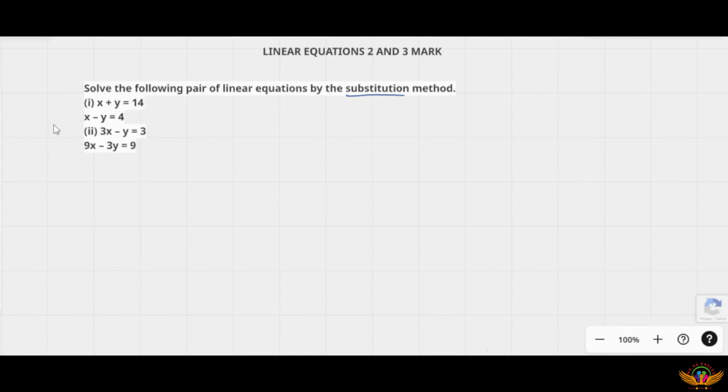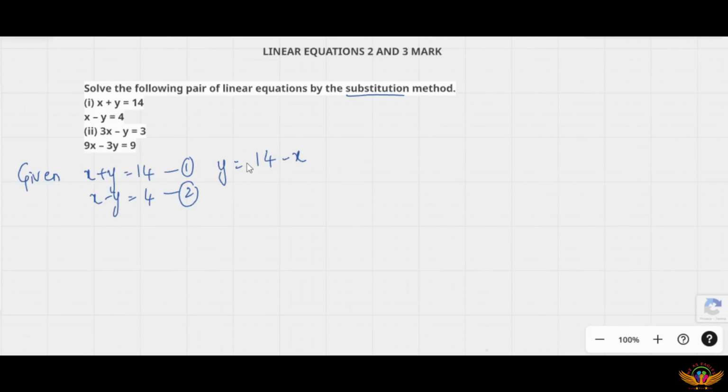While writing in the exam, don't directly jump into the substitution method. First write the given pair of equations neatly. Given x plus y equal to 14 is the first equation and x minus y equal to 4 is the second equation. From the first equation, I can bring out y as 14 minus x.